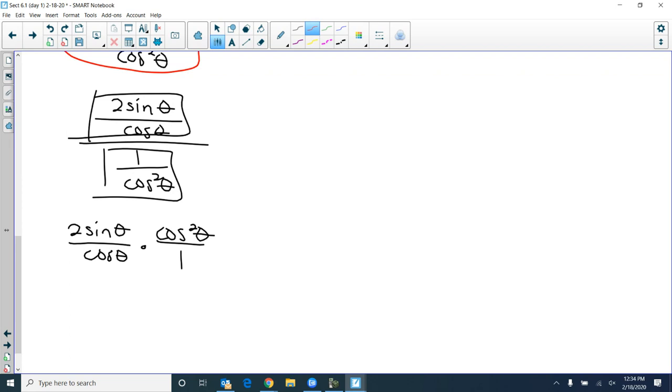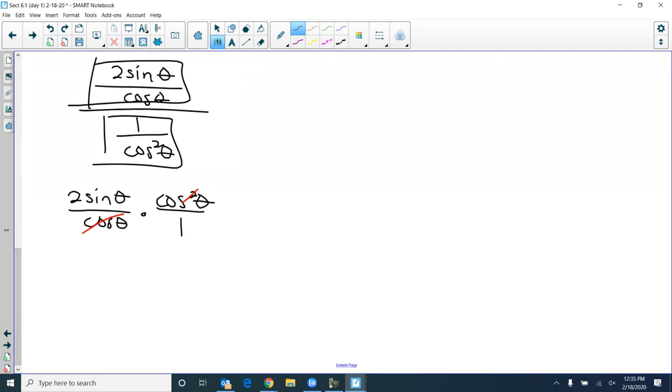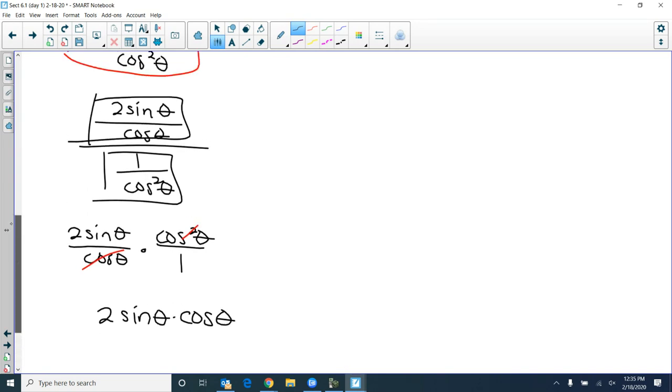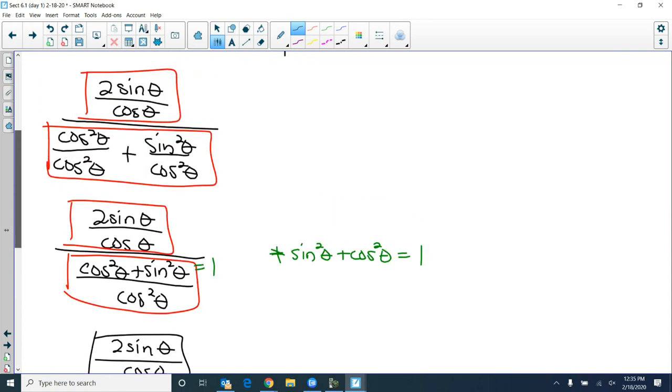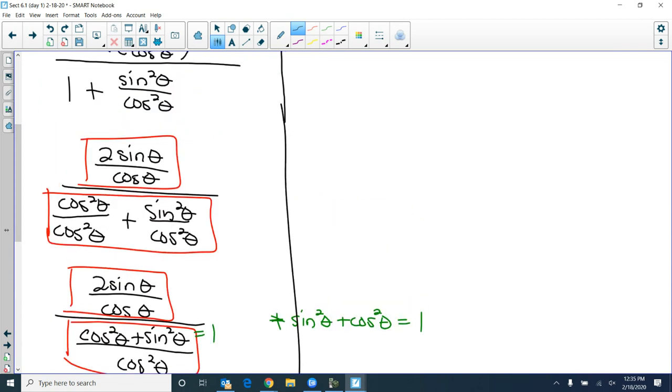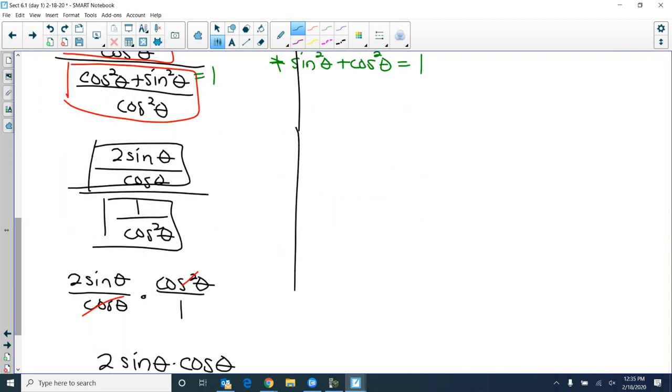So what cancels? This cosine with the cosine squared. This means there's 2 of them up there, so there's 1 of them, and what do I have left? 2 sine theta cosine theta, which is back over on the other side.